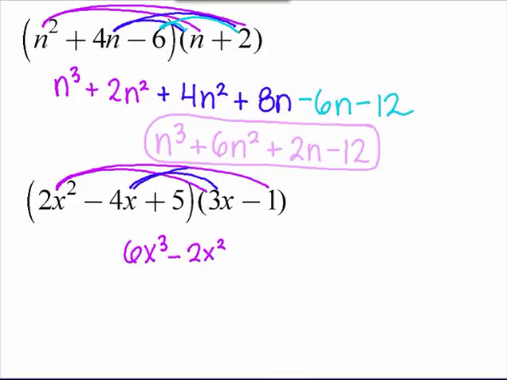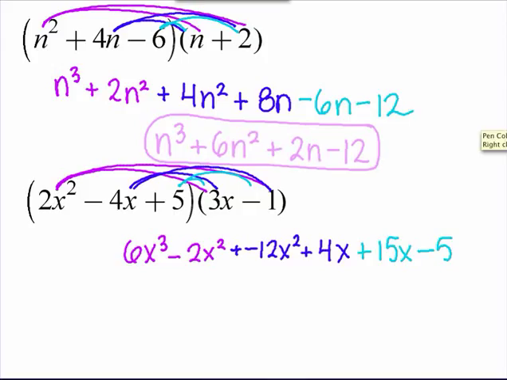Negative 12x squared plus 4x. And then our last term should be 15x minus 5. So what's our final answer going to be? The last problem today. 5 times negative 1. 6x cubed minus 14x squared. Good.